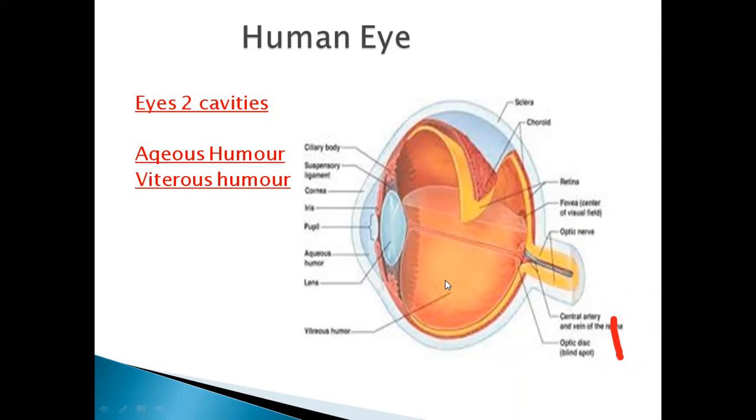So there are 2 cavities. The anterior chamber is in front of the iris, between cornea and iris, and the posterior chamber is between iris and retina.